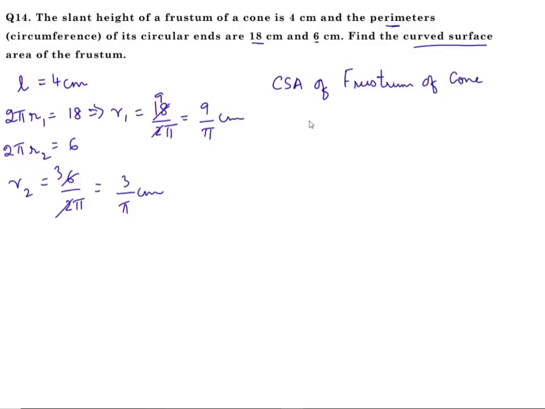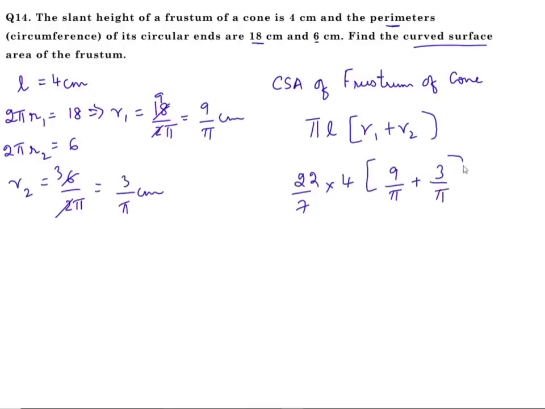Can you tell me what is CSA of frustum of cone? It is pi L into r1 plus r2. Very simple formula. Pi L into r1 plus r2. What is L? L here is the slant height. What is pi value? 22 by 7. What is L value? It is 4. What is r1? r1 is 9 by pi. What is r2? It is 3 by pi.